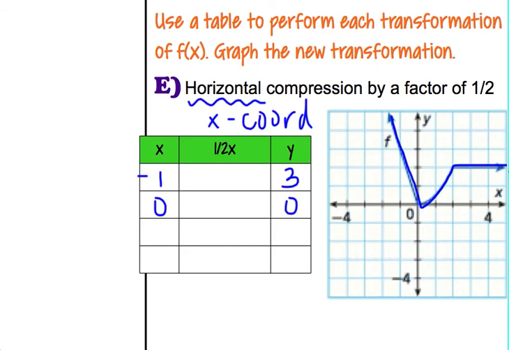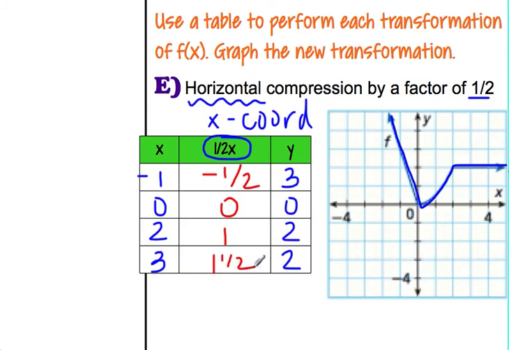So let's go with 2, 2, and we can go with 3, 2. Now, because this is a horizontal compression and we said by a factor of 1/2, we're going to multiply all of our x-coordinates by 1/2, which gives me new x-coordinates of -1/2, 0, 1, and 1 1/2.